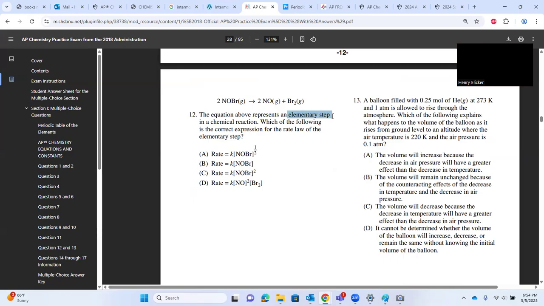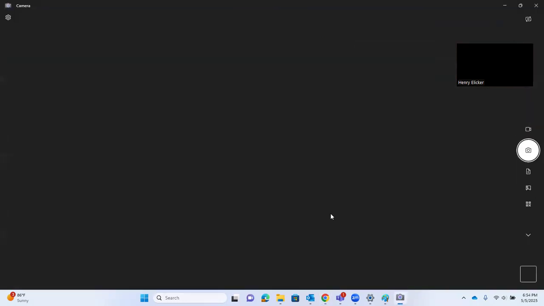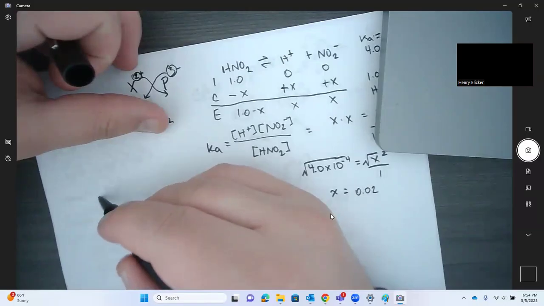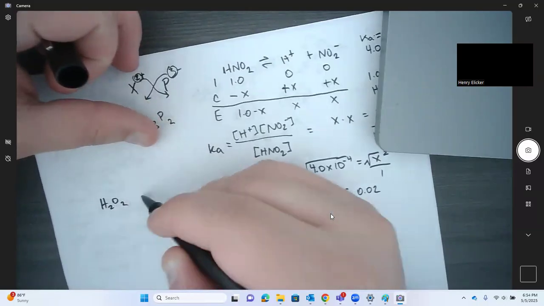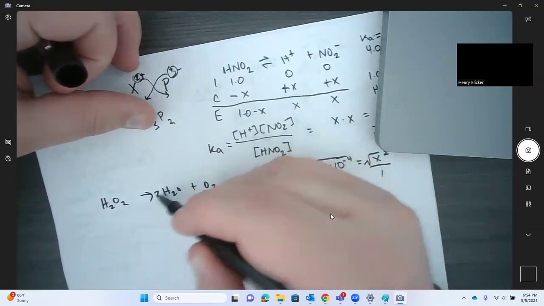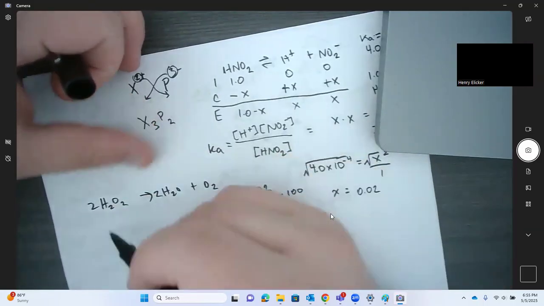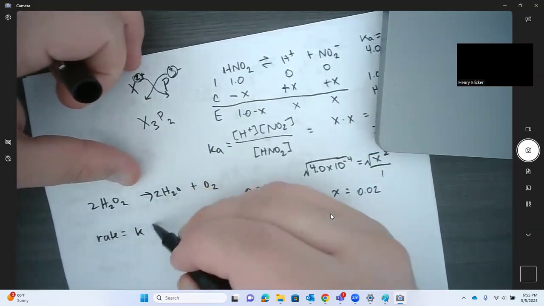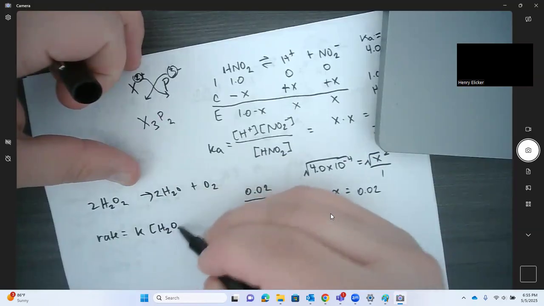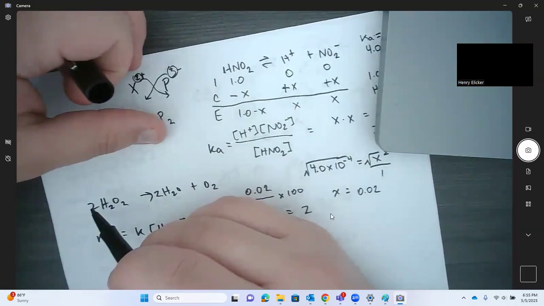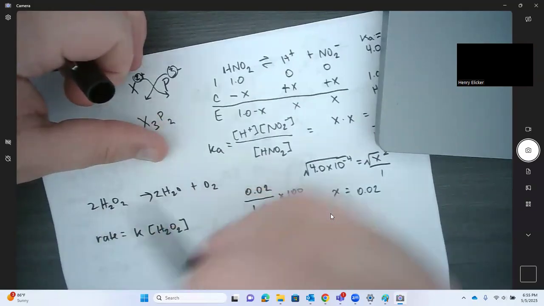And so usually when you write a rate law, here's the context. So let's say we have H2O2 yielding water and oxygen, then we could balance that, remember. Usually the way you'd write the rate law is rate equals K times H2O2, and then we want to say to ourselves, well, you would think it would be squared because that's the coefficient.